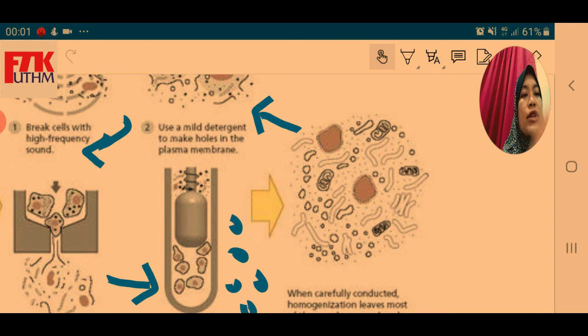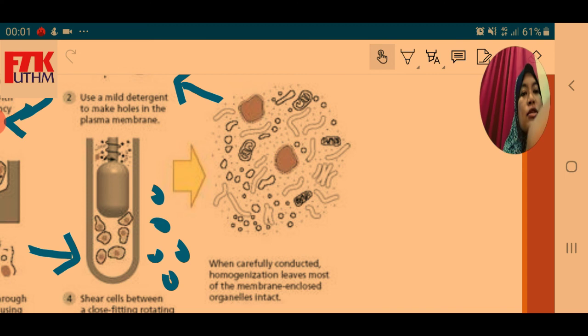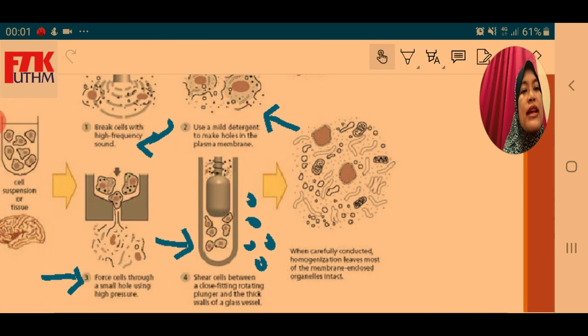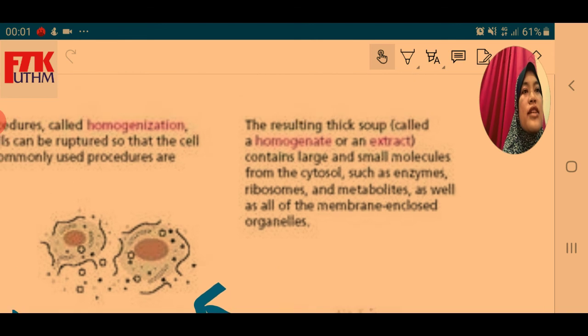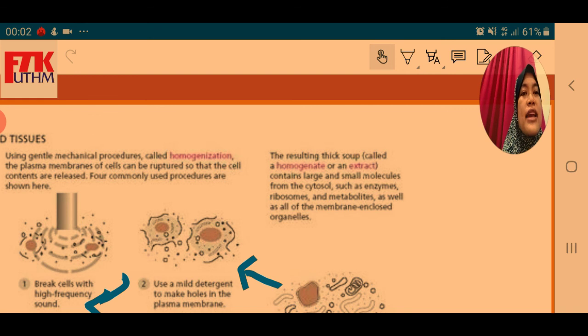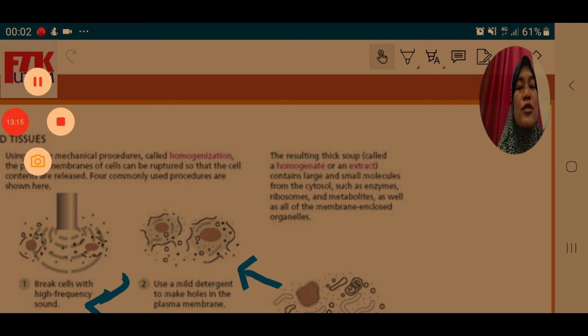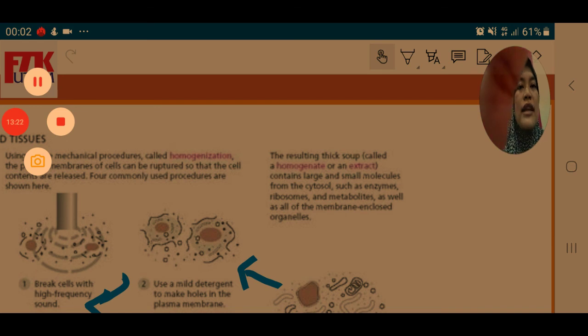We will cover that as well. When carefully conducted, you can have the membrane-enclosed organelles intact, but the cells are disrupted. The resulting thick soup is called a homogenate or an extract, and it contains large and small molecules from the cytosol, such as enzymes, ribosomes, and metabolites. Okay, I think it's quite a long video already, so let's stop for a while and I'll continue later.